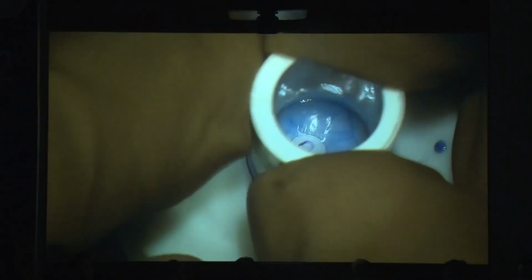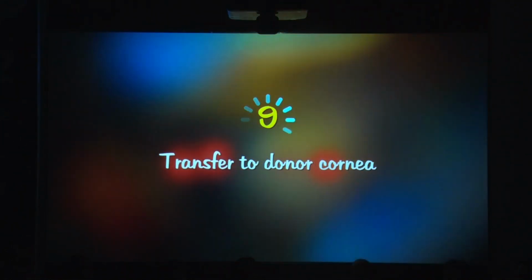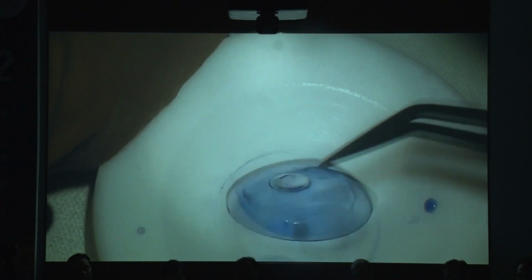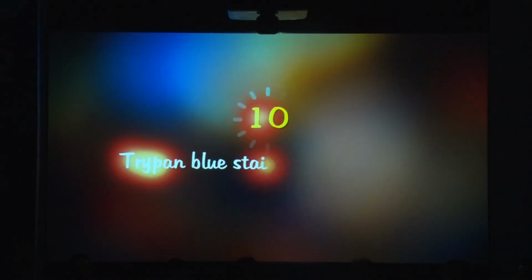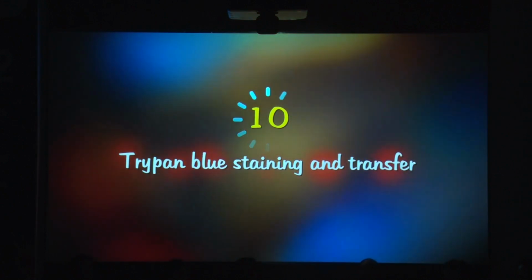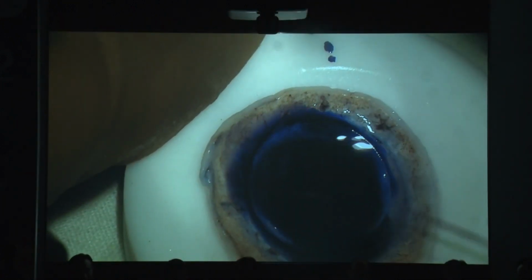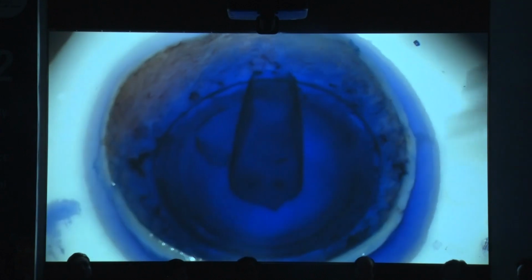Final 8 mm trephination, which is then transferred to the anterior stromal donor tissue cup. And then finally staining with trypan blue and transferring it to a Petri dish.